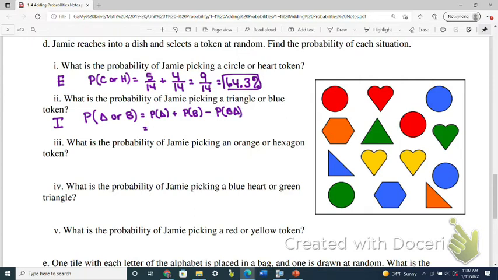So the triangles, there are 3 of them. The blue, there are 4 of them. And there is 1 blue triangle. So I get 6 out of 14, which is 42.9%.